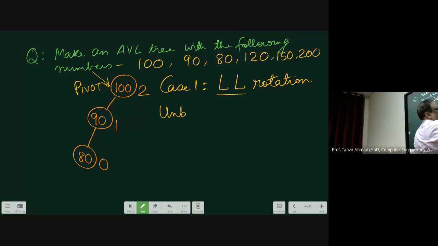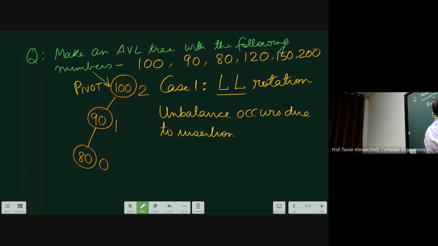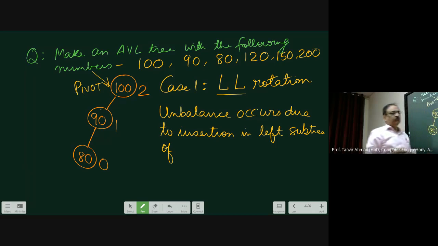Unbalance occurs due to insertion in the left subtree of the left of pivot.